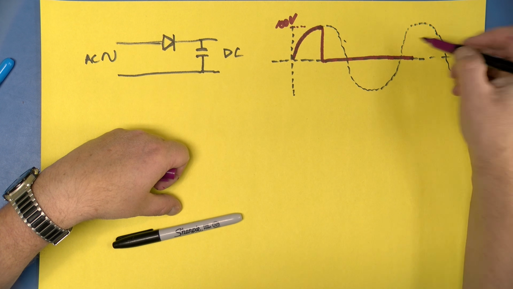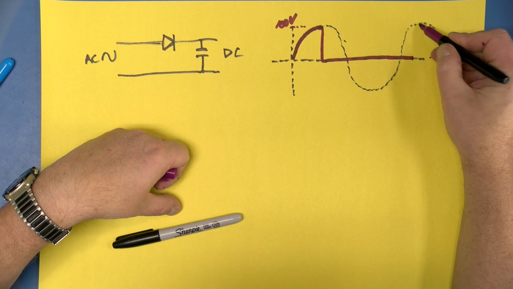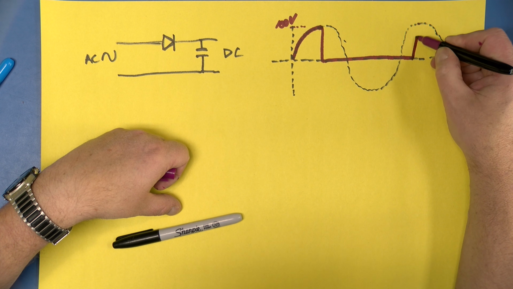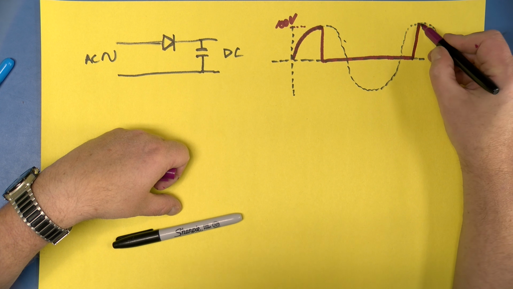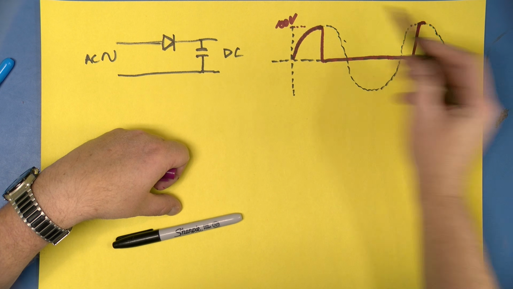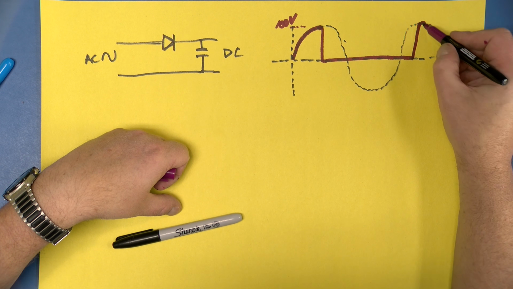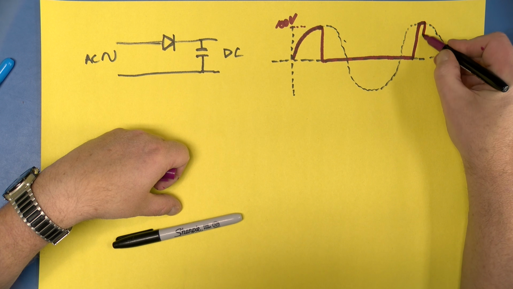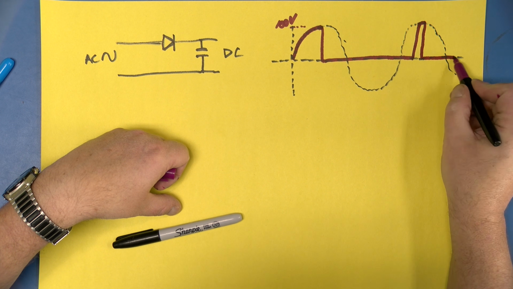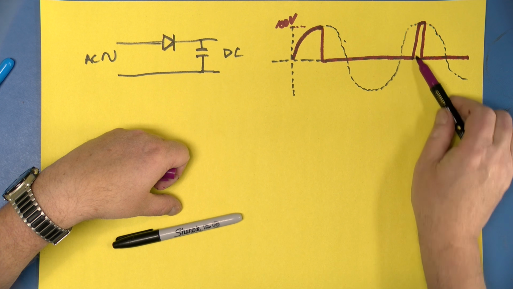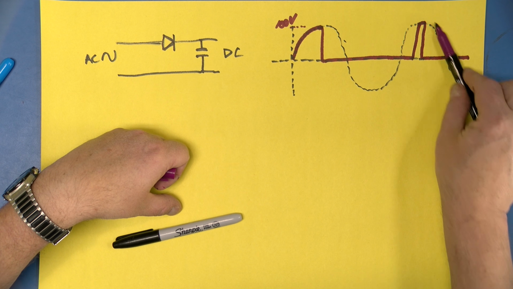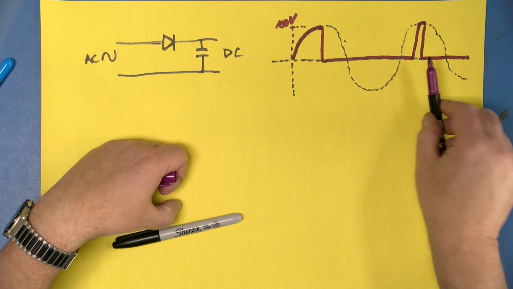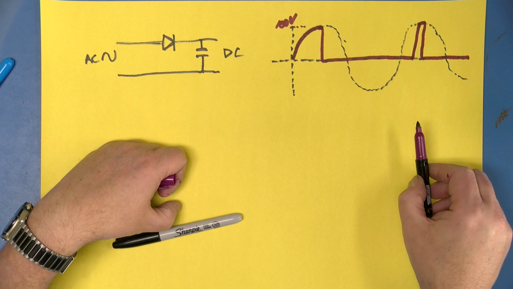Nothing can flow through the diode. However, when we get up to 99 volts here, suddenly we can start getting current flowing, and it'll flow till we've charged the capacitor back up to 100 volts, and then just like before, it will stop. And we would get a pulse like this at every subsequent peak of the AC cycle. So that doesn't really look like a sine wave to me.